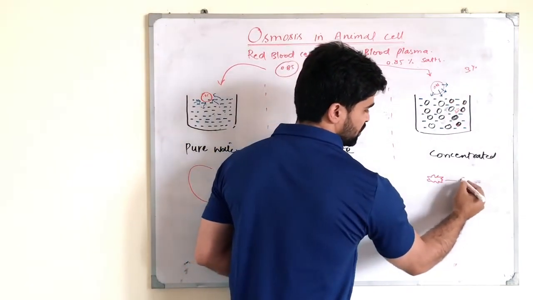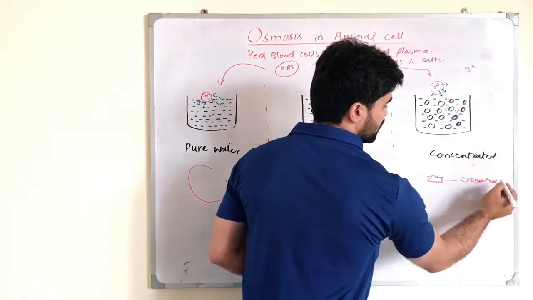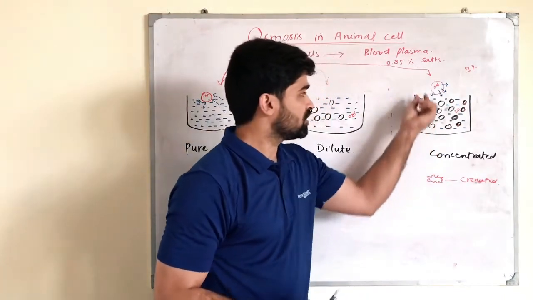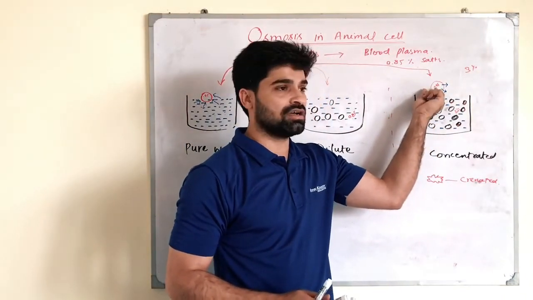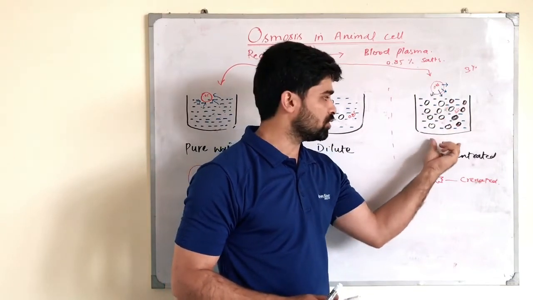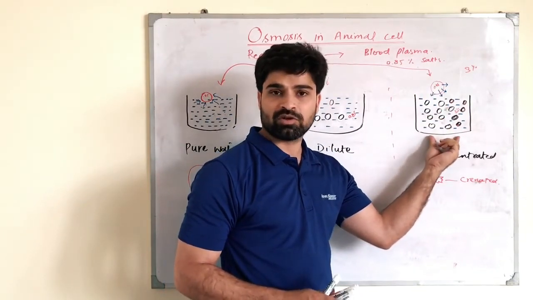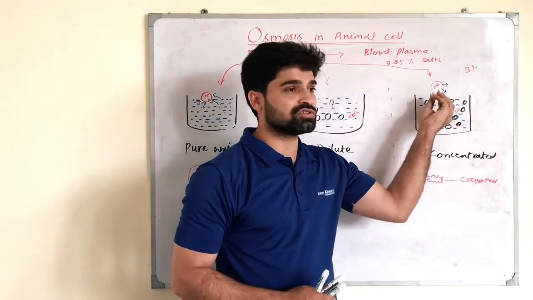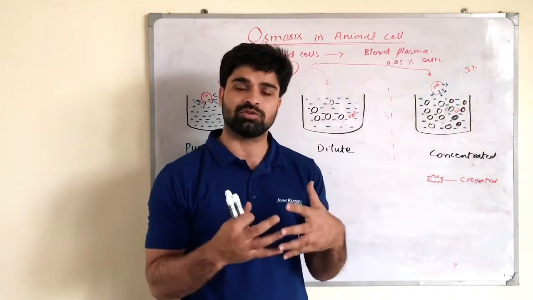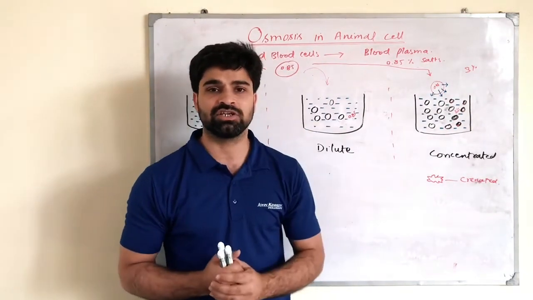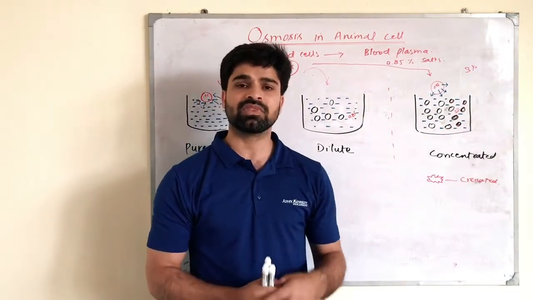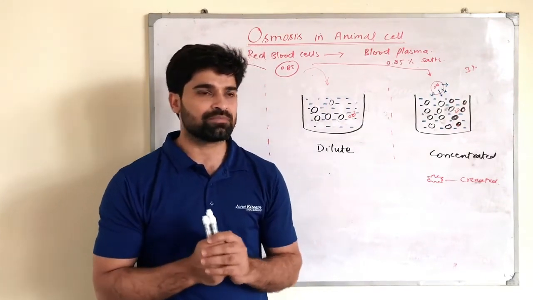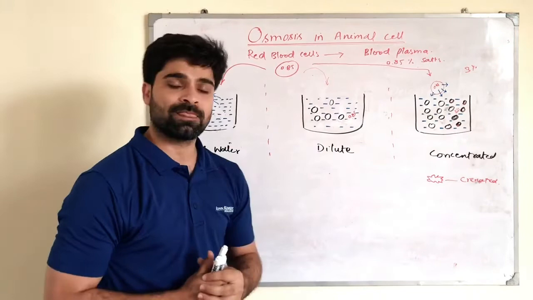That condition is called crenated. The cell will shrink, because all the water present inside the cell will come out into the solution because of osmosis. In osmosis, the water molecules move from the higher water potential to the lower water potential. I hope you have got the concept and the idea of osmosis in the animal cell.